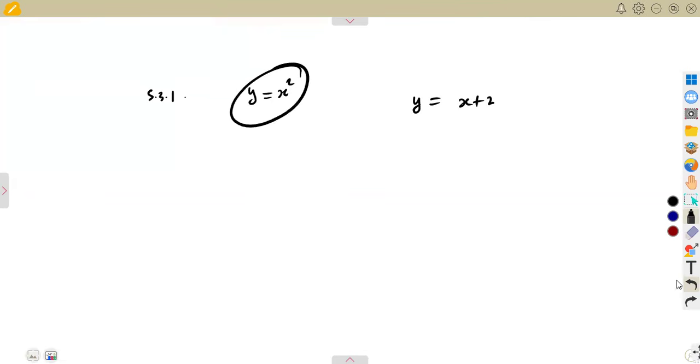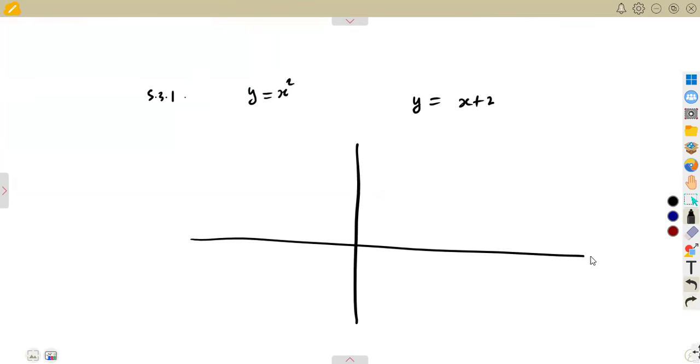The graph of y is equal to x squared is a parabola that we are actually used to, symmetrical about the y-axis. With y being x squared, for the x values in the positive, the y values will be increasing.